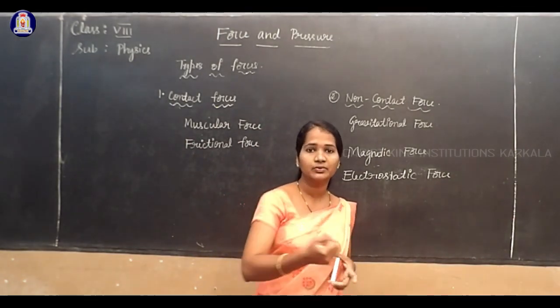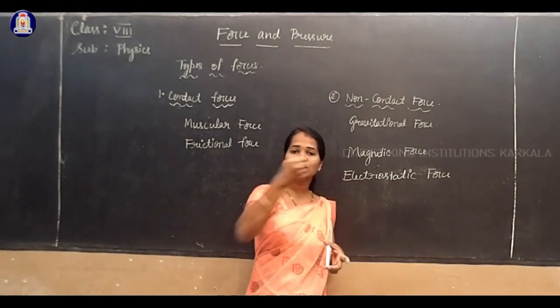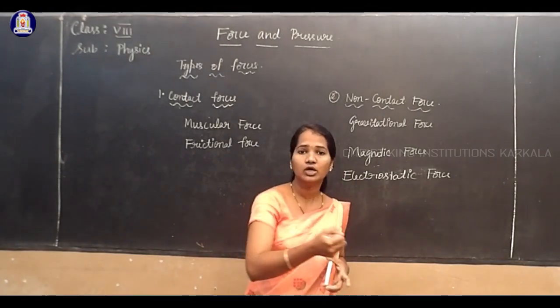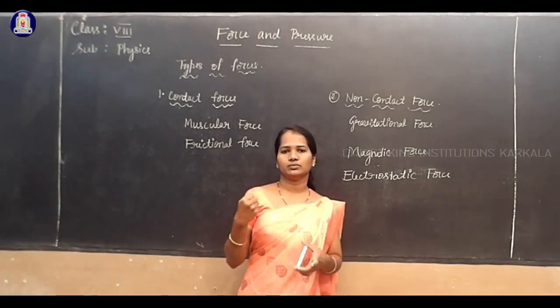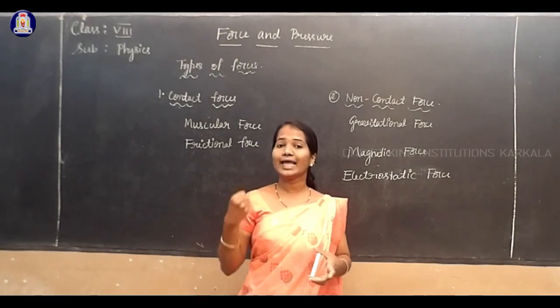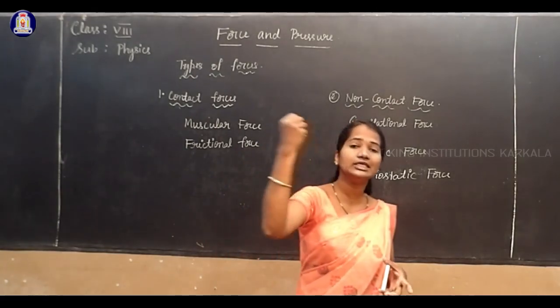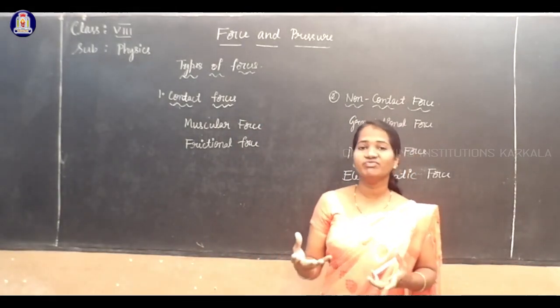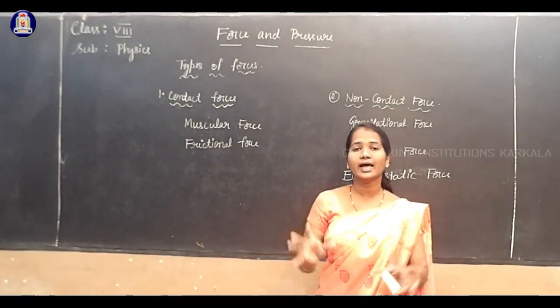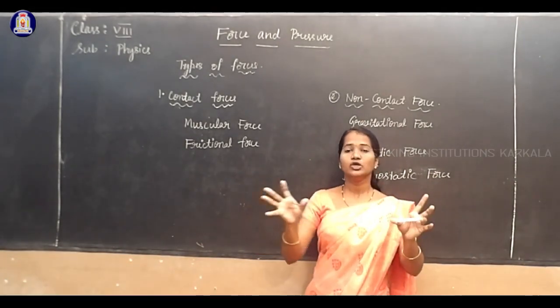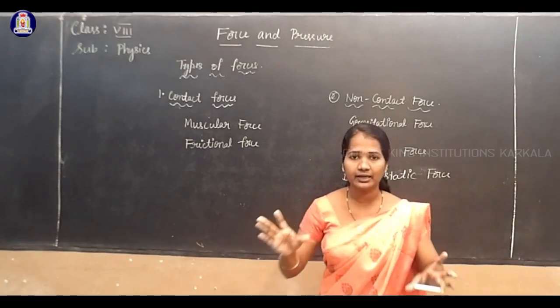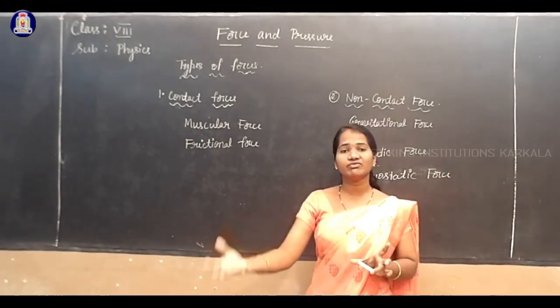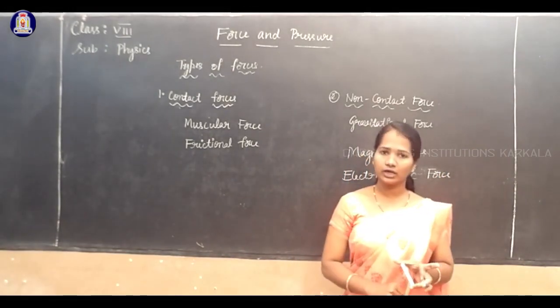For example, pulling a door or pushing a door. When you want to close the door, you have to pull the door. By pulling the door, you are applying force on the door using your hand. For example, if you want to push a table, what happens? By using your hand, you are applying force on the table and pushing the table. So here the force applied is muscular force.